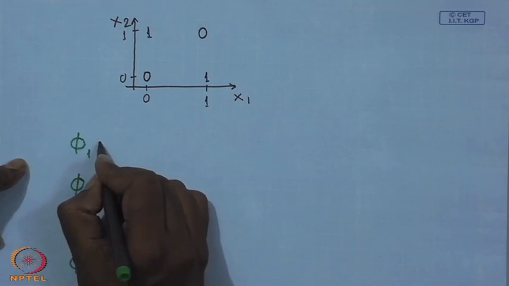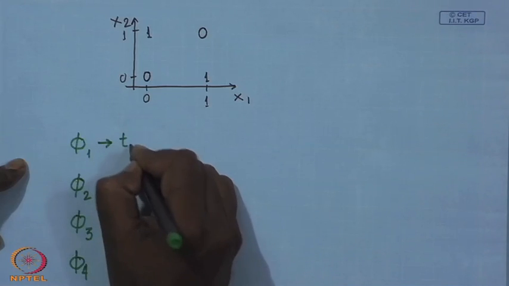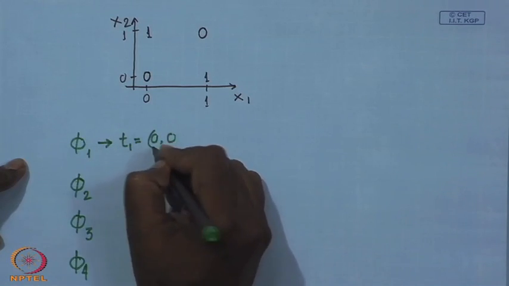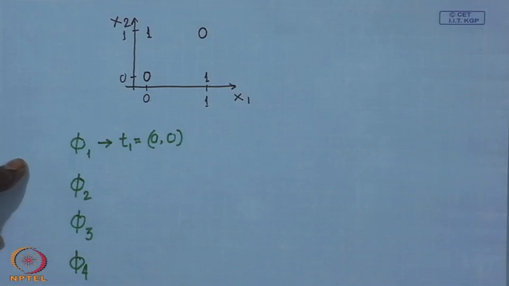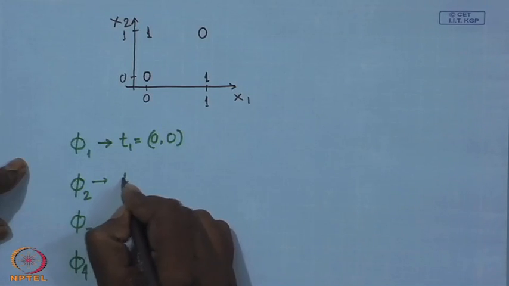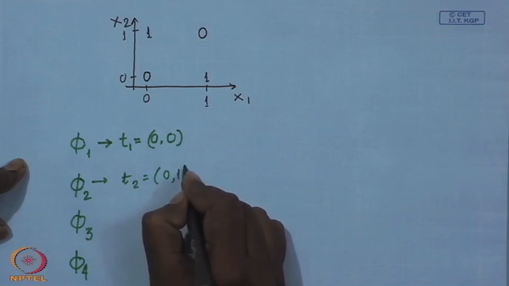For phi 1, I choose T 1 equal to say 0 0. That is the receptor of the radial basis function phi 1. Similarly, for phi 2, I can choose T 2, which is 0 1.